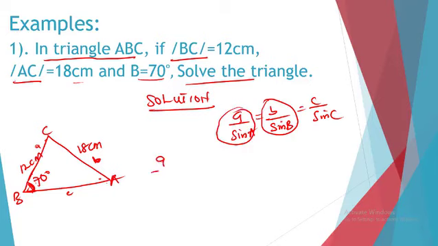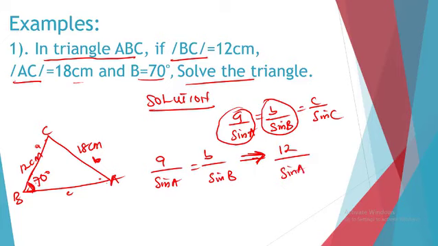We use a over sine A equal to b over sine B. Let us now substitute the values. We have 12 over sine A, since the angle at A is not given, equal to side b, which is 18 over sine of angle B, which is 70 degrees.